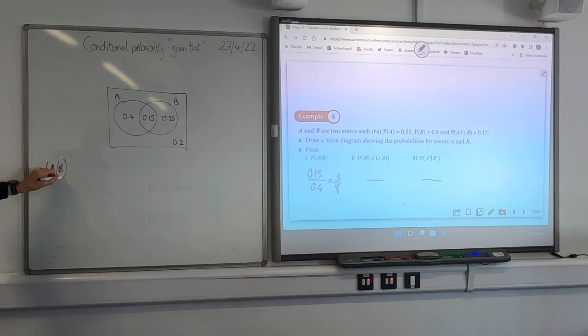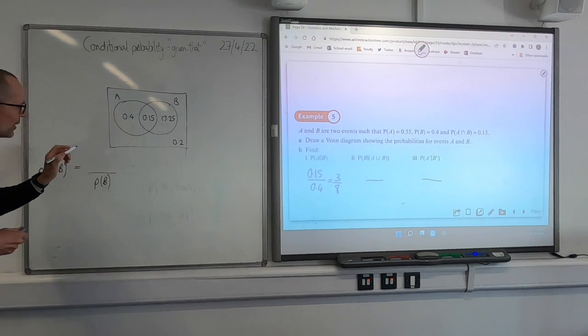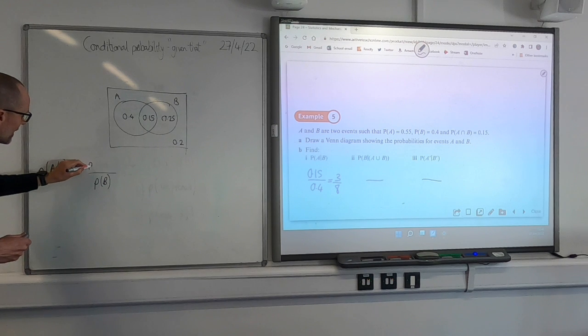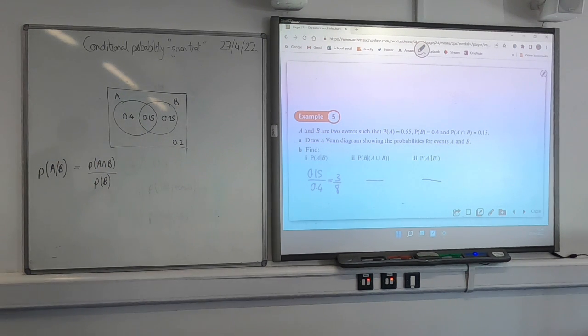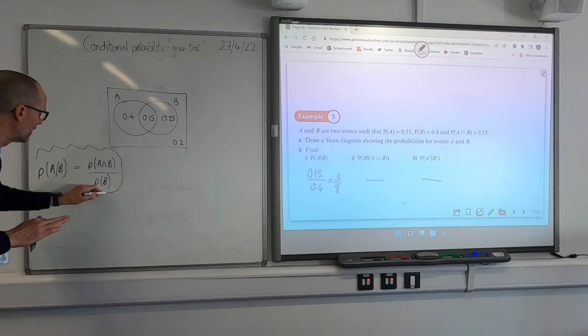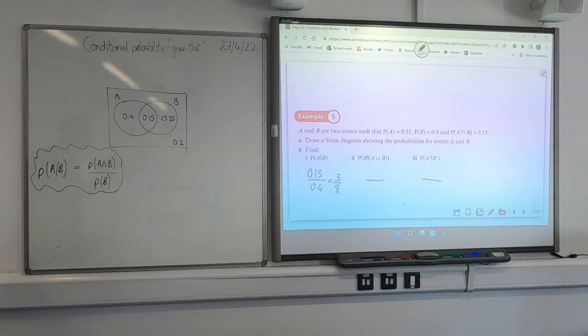The probability of A given B: the probability of B goes on our denominator, and our numerator is the intersection between A and B. Now, we will do one question later where you need that rule. It's often stated in revision guides, it's on the syllabus. I don't think we ever actually need it, apart from very rare situations.